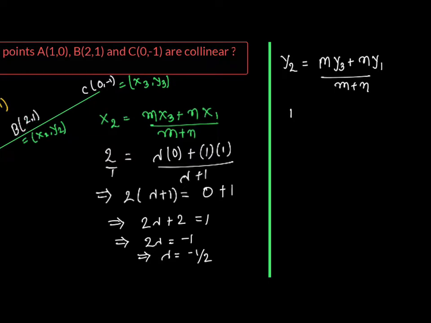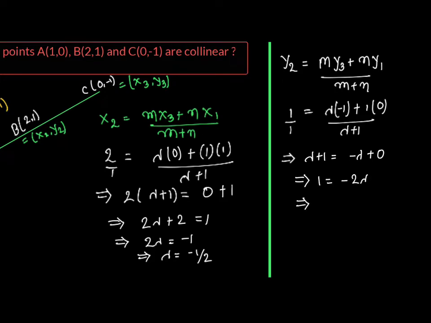So 1 equals lambda into minus 1, plus 1 into 0, divided by lambda plus 1. Cross multiplying, lambda plus 1 equals minus lambda plus 0. So I get 1 equals minus 2 lambda, and lambda equals minus 1 by 2.